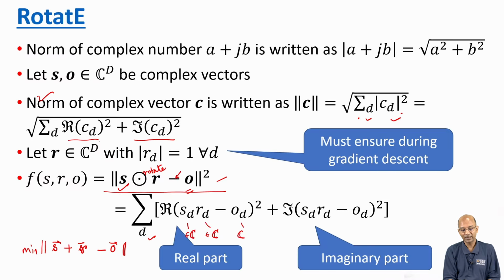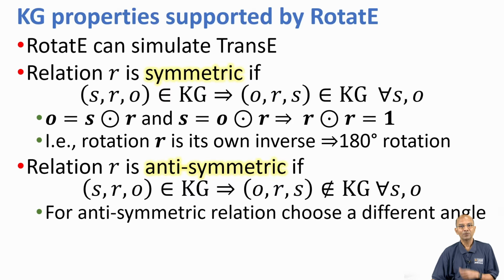And so we can take the real part of that and square it, and we can take the imaginary part of that and square it, add those up, and then sum it over all the dimensions of the complex embedding vector. Now, RotatE, which is the system using complex numbers and rotation as relation, can simulate TransE in all respects. So it's a superset. It's at least as powerful as TransE.